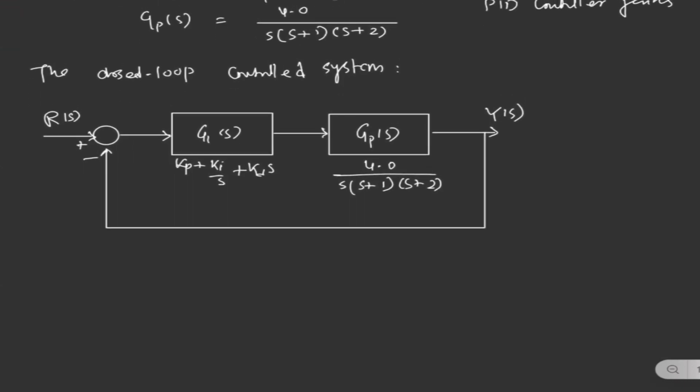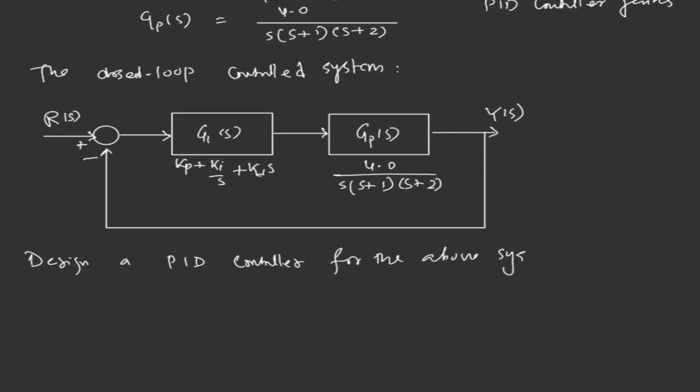So the problem can be formulated as: design a PID controller for the above system using the Ziegler-Nichols rule.